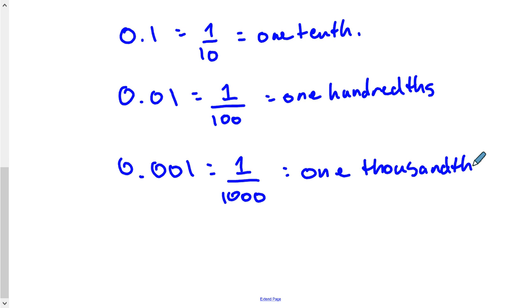And the nice thing is that you just have to multiply in order to get rid of the decimal spot.